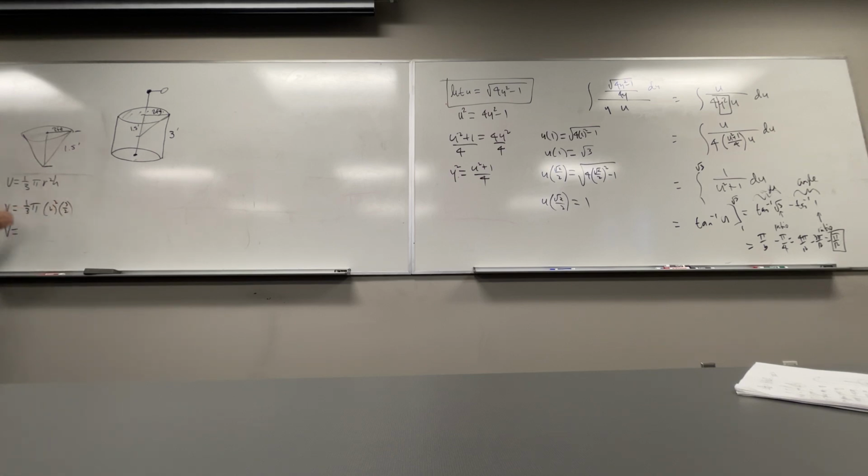Those 3's are going to cancel. We got 2 pi. 2 pi what? 2 pi feet cubed. Cubic feet, very good. Because that is feet squared and that's feet, and that makes sense because volume should be a cube, right? Okay, so 2 pi cubic feet.